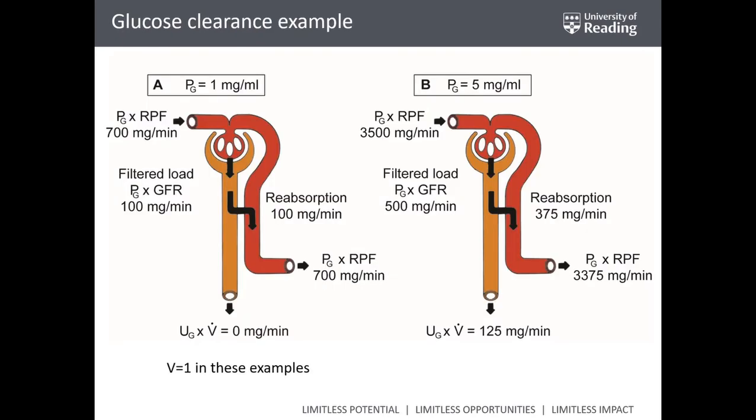Let's look at glucose. Glucose, as we know, gets entirely filtered through from the plasma into the Bowman space.